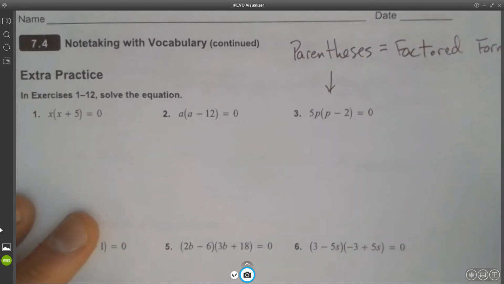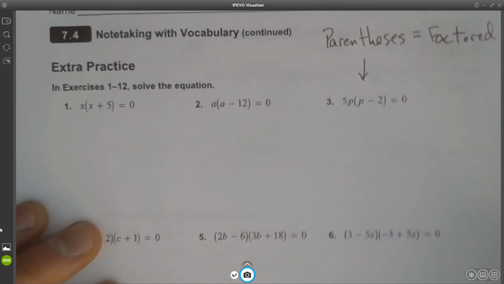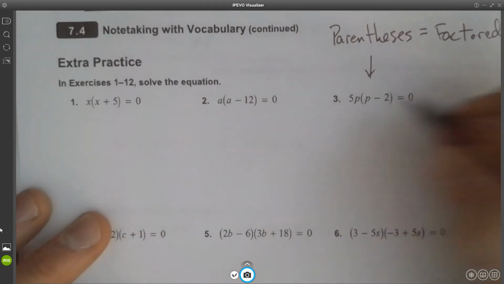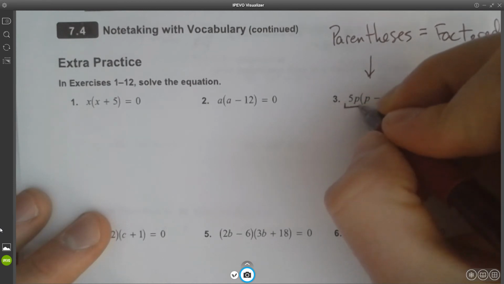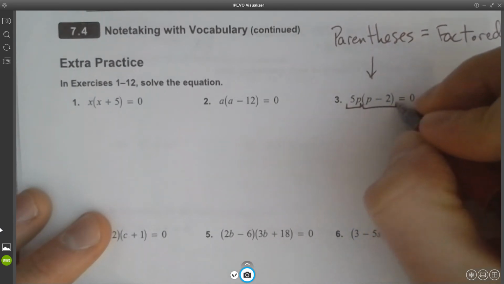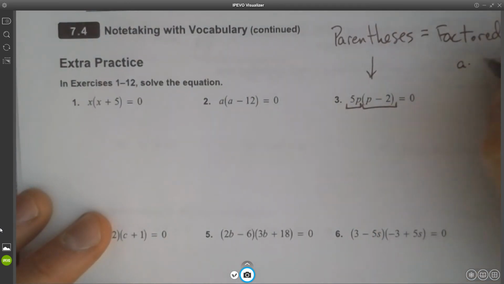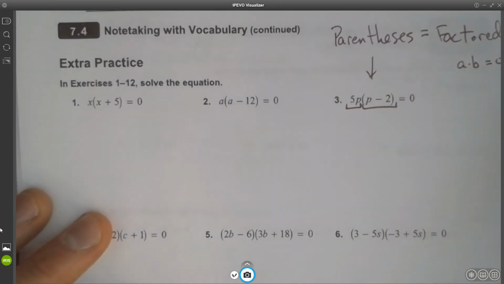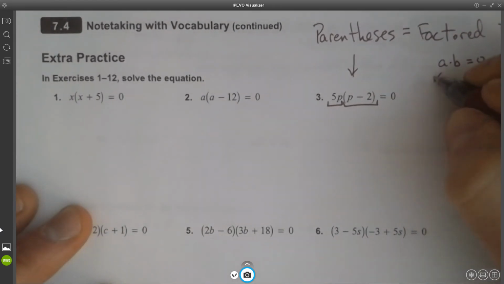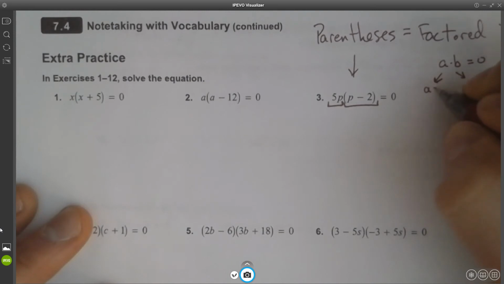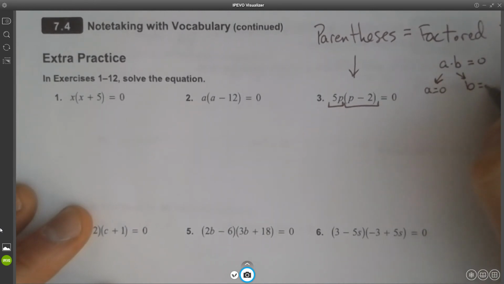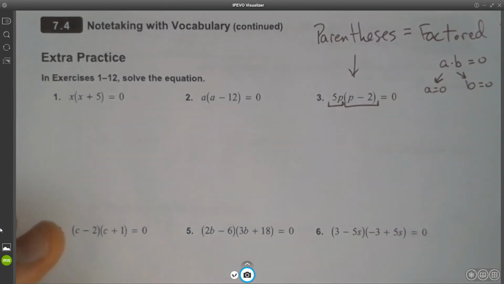What that zero product property was saying was that if I am in factored form, here's one factor, here's the other factor. If I have two factors multiplied together and they equal 0, that means that either the first factor equals 0 or the second factor equals 0.